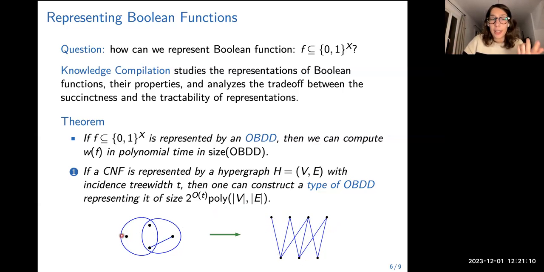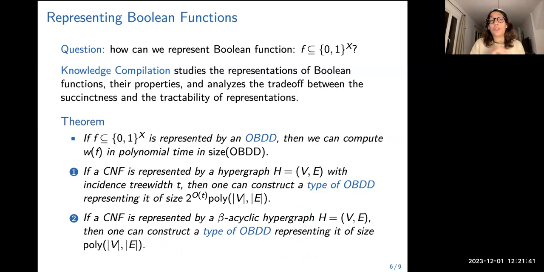For example, here, this node was only in this edge, and so it's connected to only one node on the other side. But this one belongs to all three edges, and so it's connected to all three. Now, incidence treewidth is a bit more general than primal. One can show that if a hypergraph has fixed primal treewidth, then it will also have fixed incidence treewidth, but not the other way around.